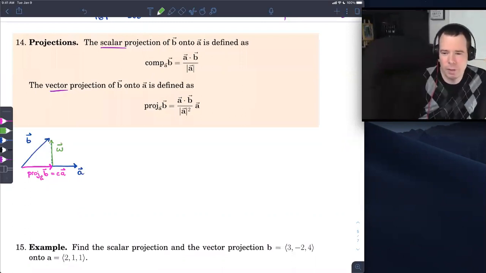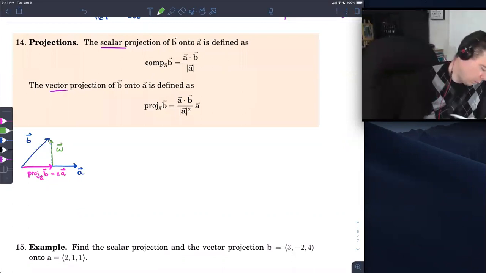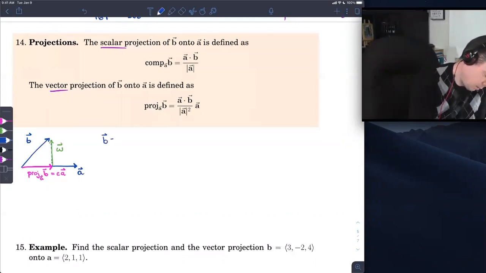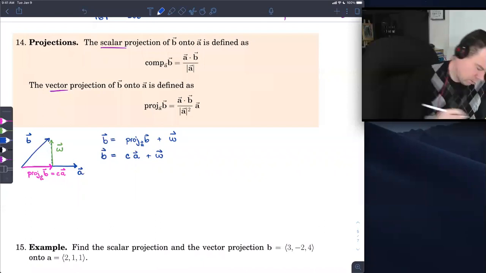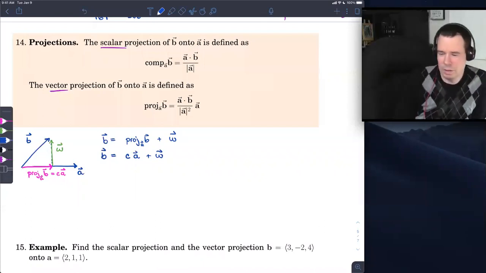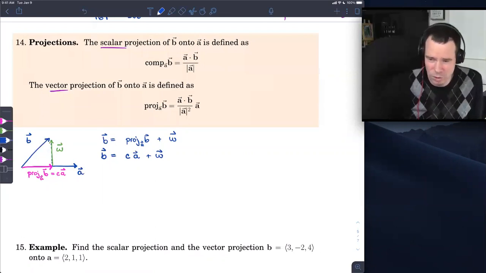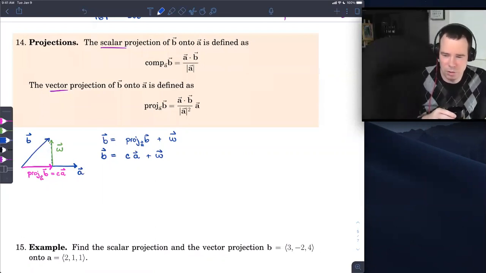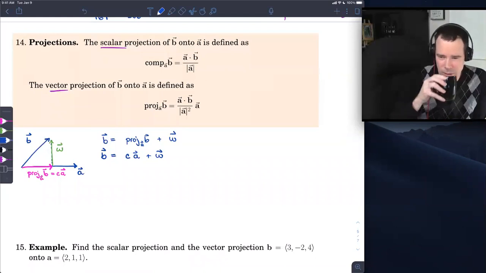I'll just call it W. And so what we have from this is that B can be obtained by taking the projection vector and adding that to W. The projection vector, which we've just called C times A, I can replace that projection vector, in which case we get this equation. So that's just an equation that represents that triangle in the picture, the pink, the green, and the blue vectors.